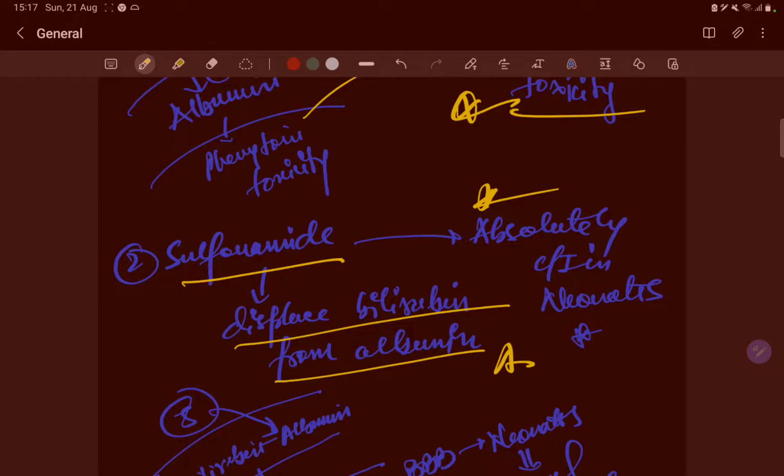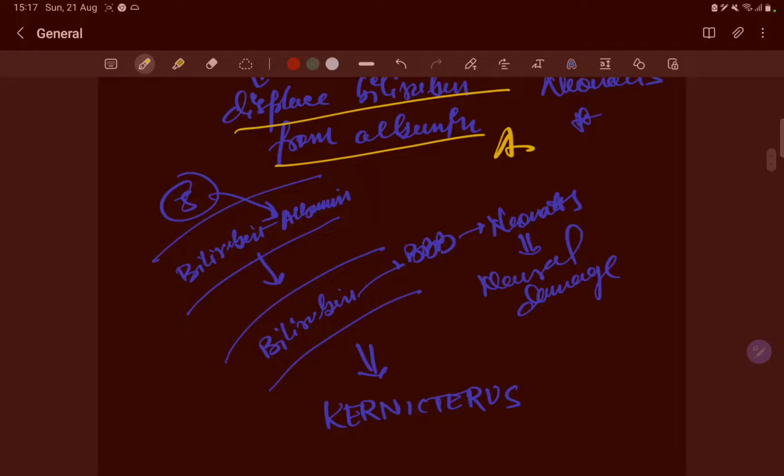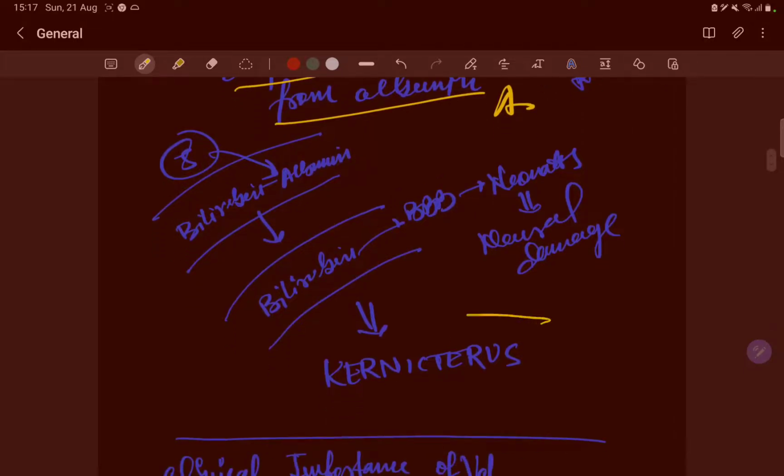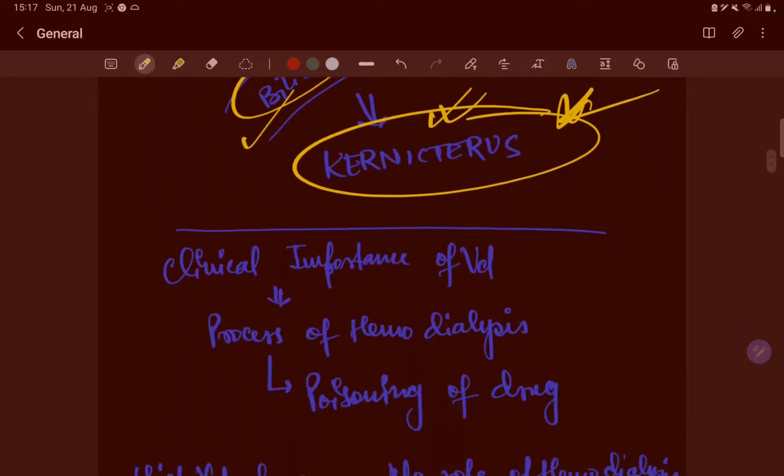This will cause kernicterus, neuronal damage in neonates, because the bilirubin will be free and it will cross the blood-brain barrier and deposit, called kernicterus.